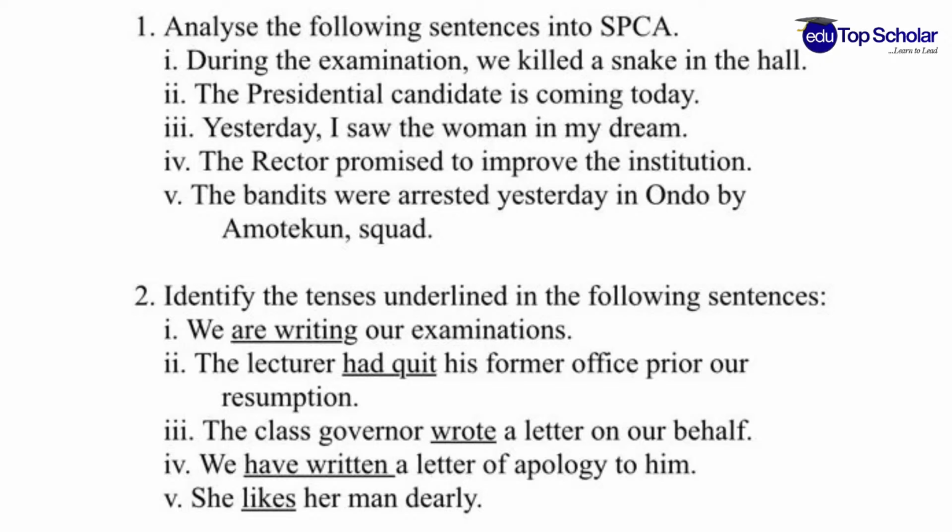So here we have subject, S, P, A, A. In that sentence, we do not have a complement at all. So that is all for the first aspect of the grammar section, the first set of sentences.